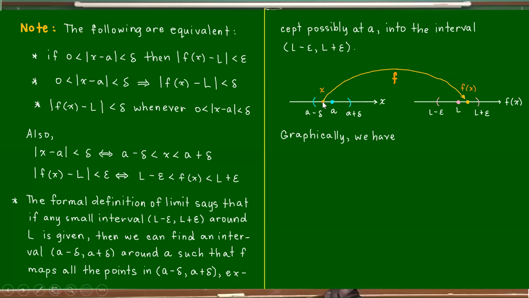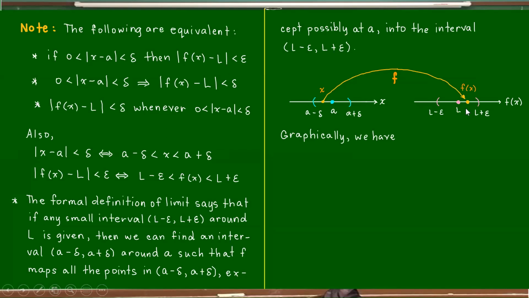If I take a value of x here, that is not A, but close to A, for instance this point, where is it mapped? It is mapped to this point. That is just an example. If I take here, it can be mapped here.